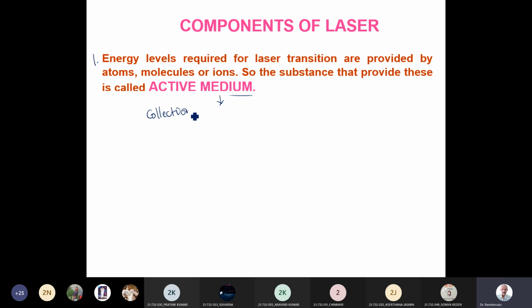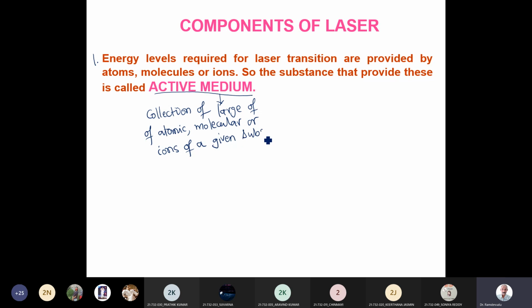Active medium is a collection of a large number of atoms if it is an atomic crystal, or molecules if it is a molecular crystal, or ions if it is an ionic crystal, of a given substance.